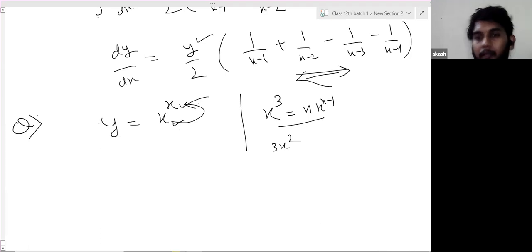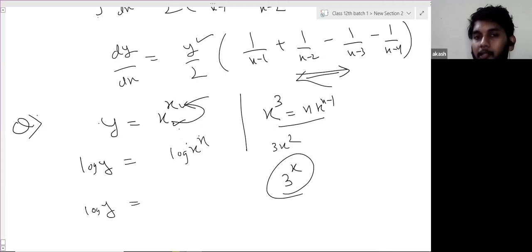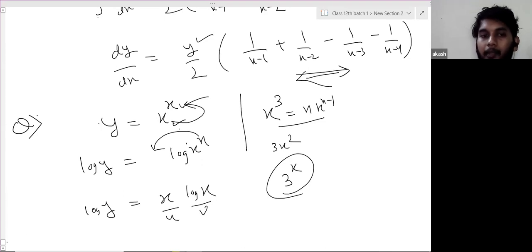If it was a constant, then you can use the formula, or a constant raised to the power x, even then we have a formula, but this is variable to the power variable. In this type of question also you have to use the log function. So taking log both sides, we have log y equals x log x, since this power can come outside. Now you can differentiate both sides, and this is u, this is v, u into v form, and you can find the answer.